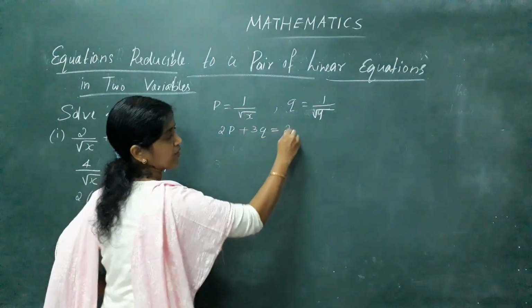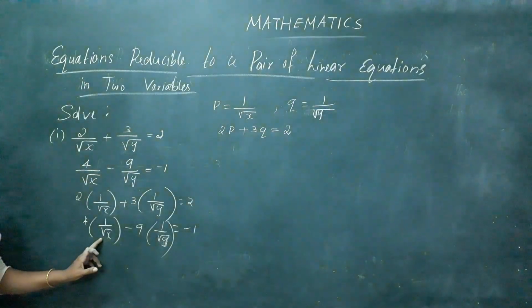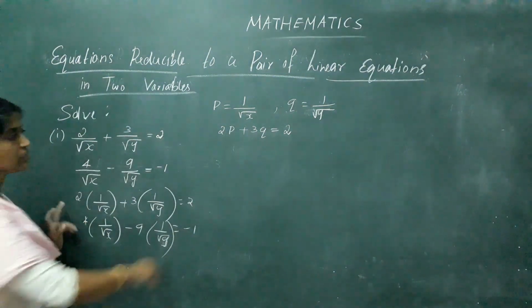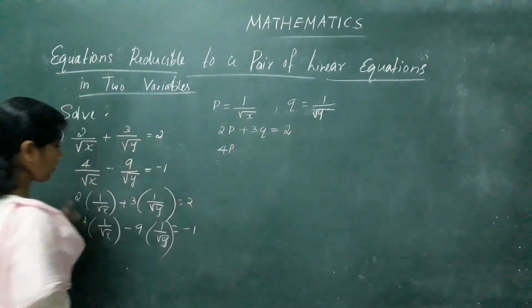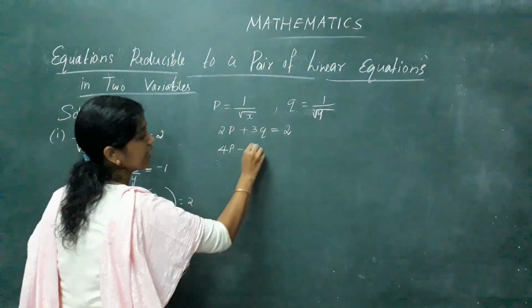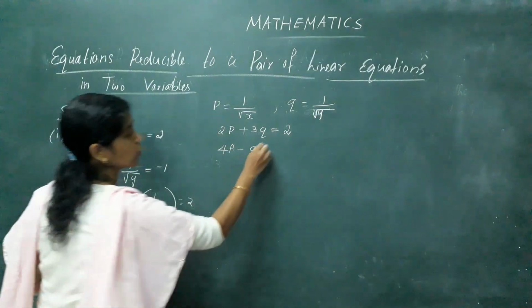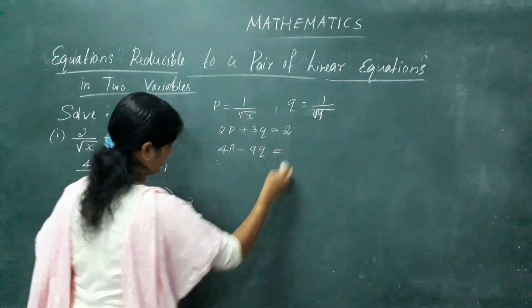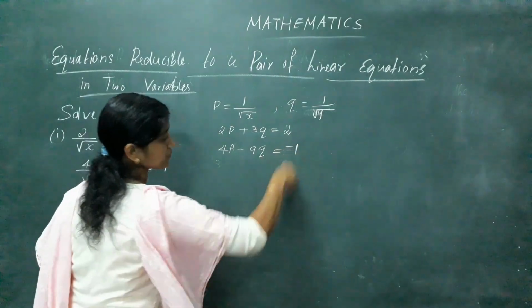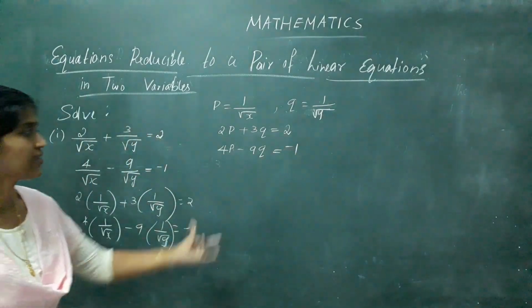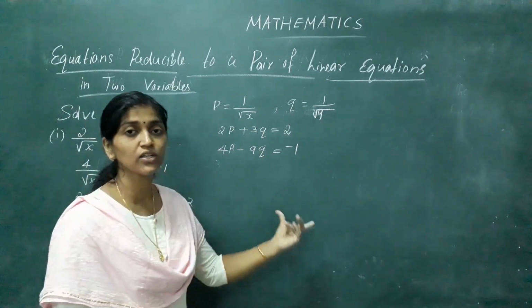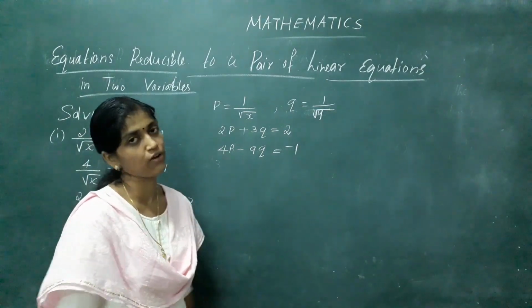Again 1 by root x I have taken as p, so it changes to 4p, and minus 9 into 1 by root y changes to q, that's equal to minus 1. Now you can see our equations are reduced to the general form of a pair of linear equations.